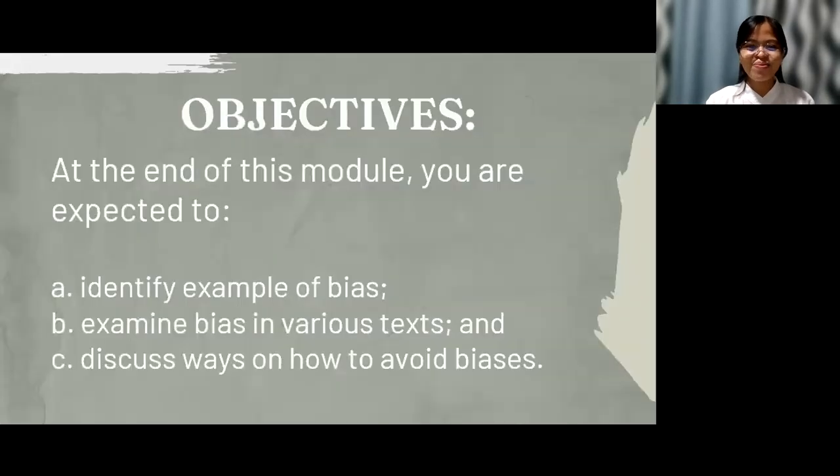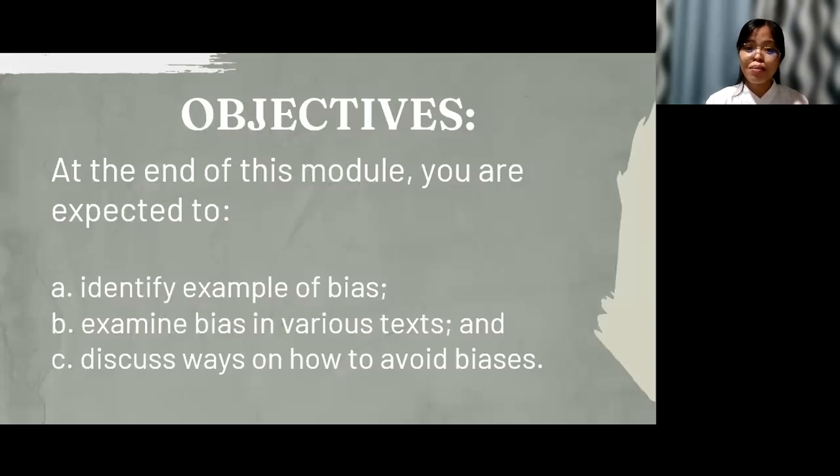Let us continue. So here are the objectives of the lesson. At the end of this module, you are expected to identify examples of bias, examine bias in various texts, and discuss ways on how to avoid biases. Okay?